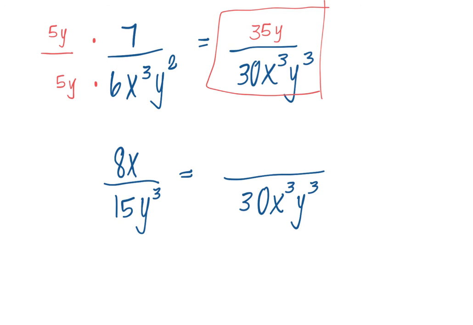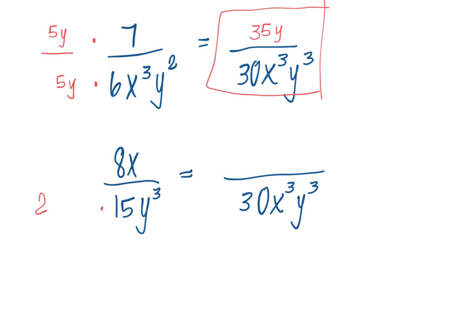And now we just need to do it for the 8x over 15y cubed. What do you need to do to 15 to make it 30? You need to multiply it by 2. What do you need to do to y cubed to make it y cubed? You don't need to do anything. But right now, if I just multiply 2 by 15y cubed, I wouldn't get 30x cubed y cubed.